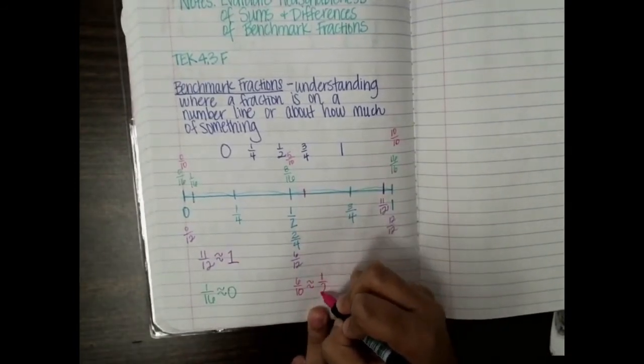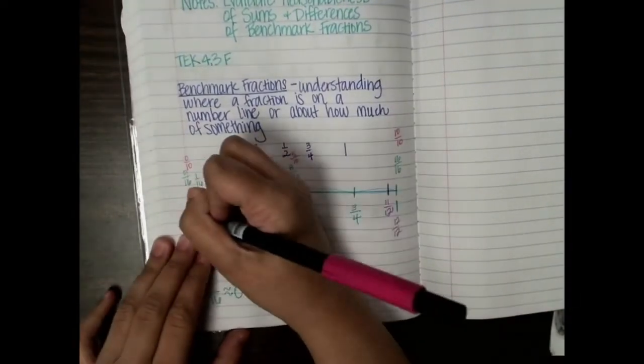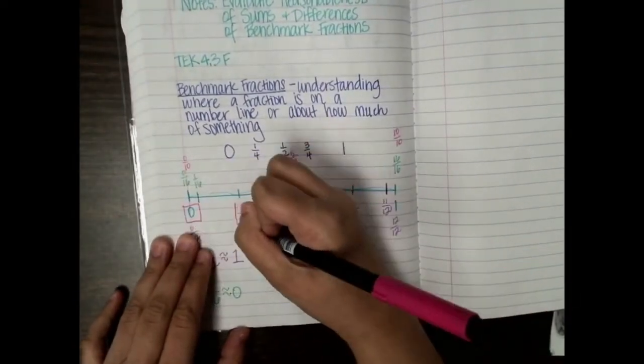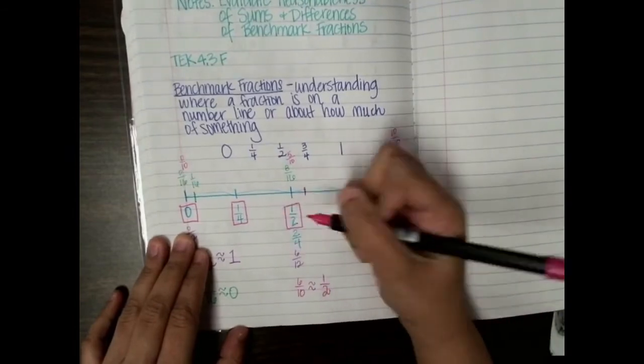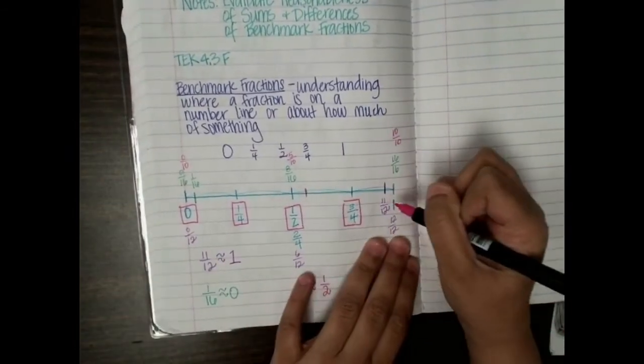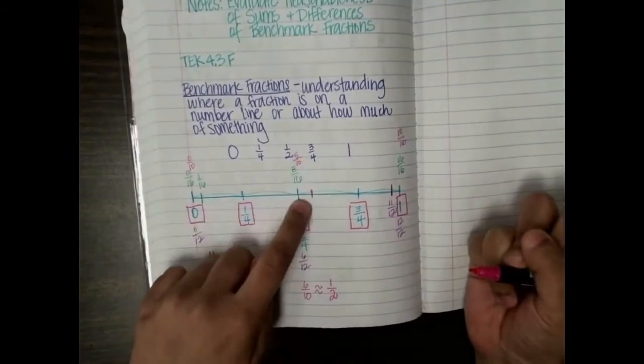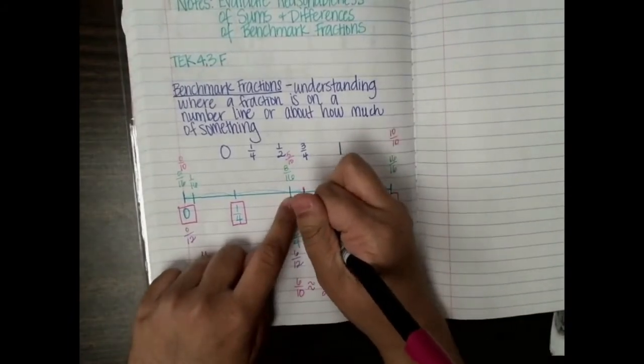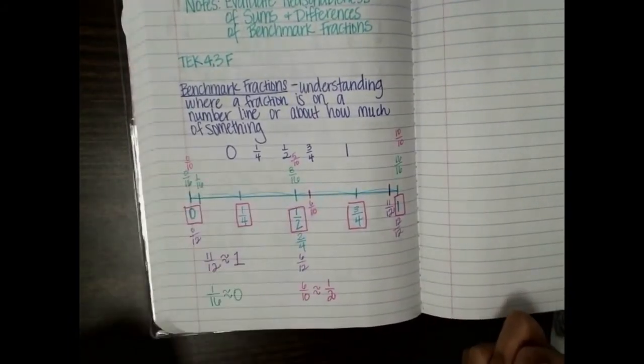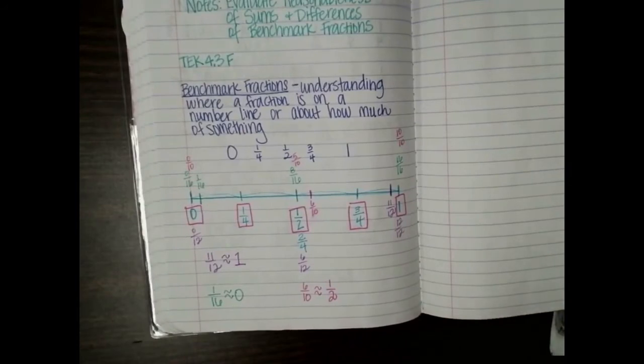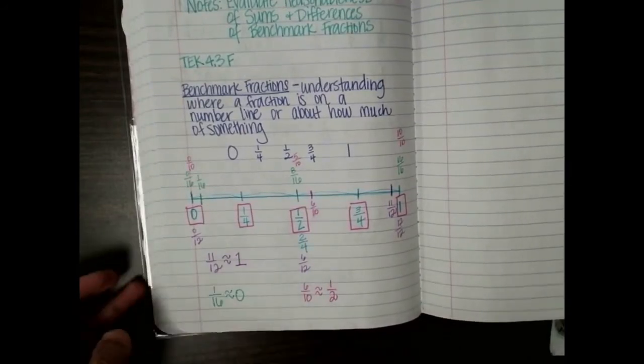So 6/10 is close to half. Because remember, these are our benchmark fractions. This is what we are deciding that it's close to. So 6/10, which is right here, is about 1/2. Okay? We're going to look at a few more.